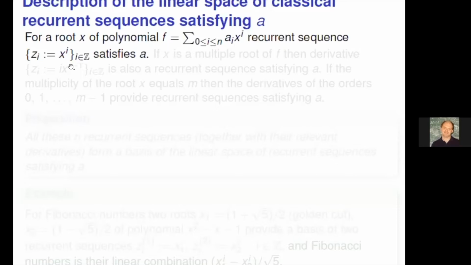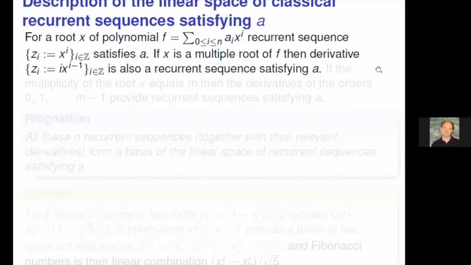And consider any root x, and then if we consider the powers of this root x, then this sequence will definitely satisfy A. This is a typical example.